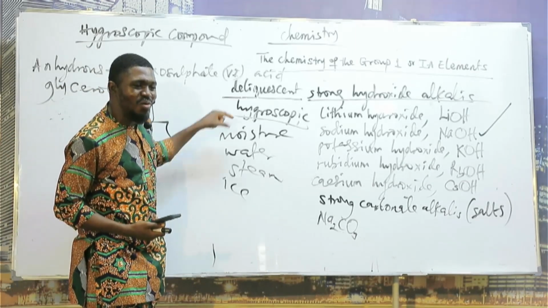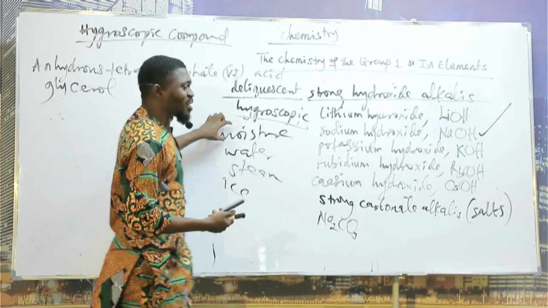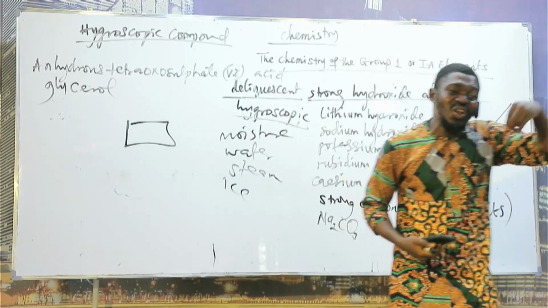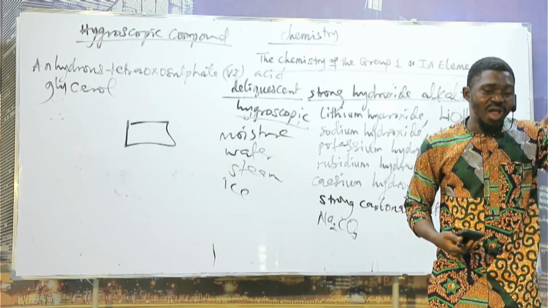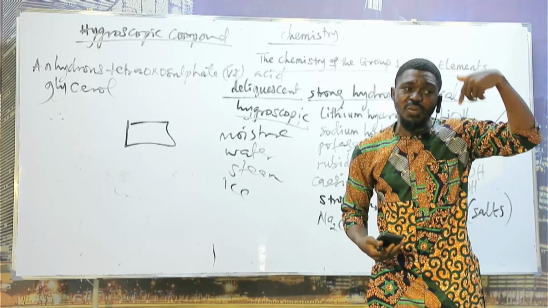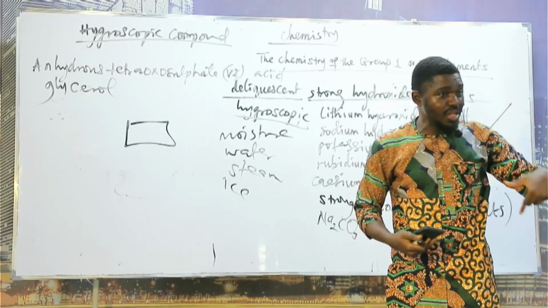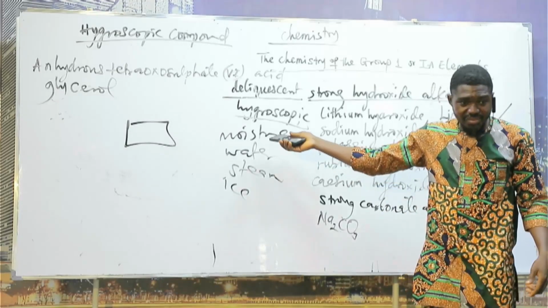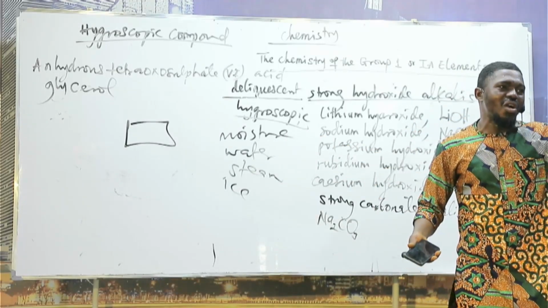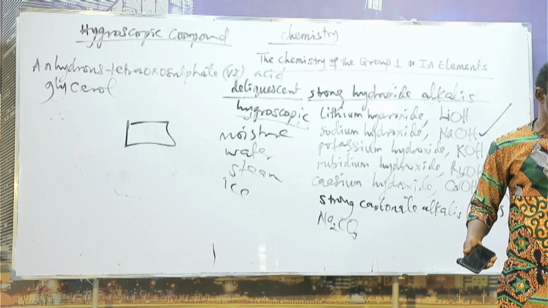Moisture has to do with what? What does moisture mean? Water content of something. When water is contained where it's not supposed to be, when water is found as a free impurity in a substance, then it is called moisture. So do you now see why we call water in air moisture?